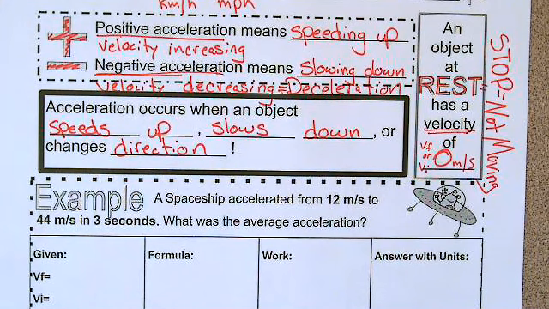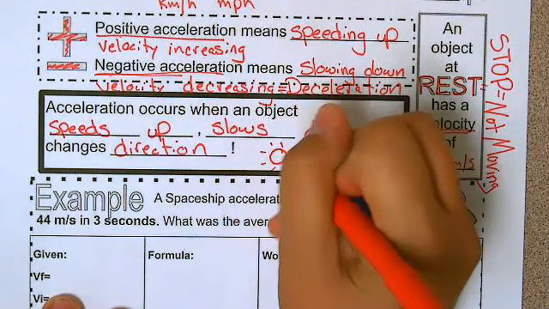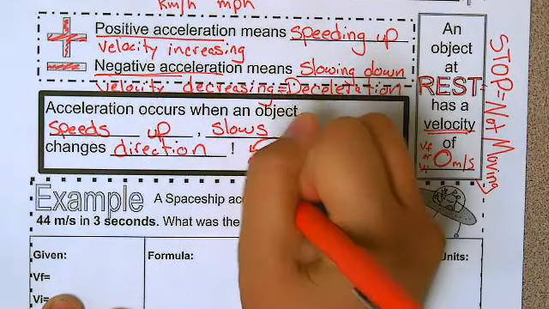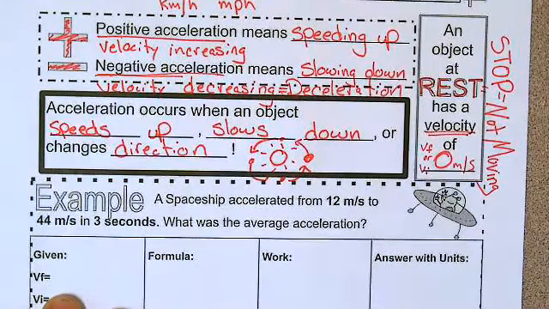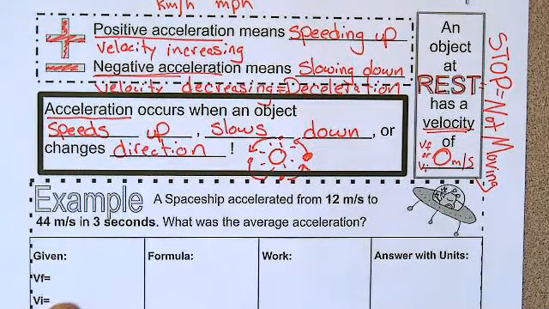Even though they are at a constant speed, because they are going in a circle, they're constantly changing directions. So we know that the planets that are going around our sun are always changing directions. So that means they have acceleration at all times.